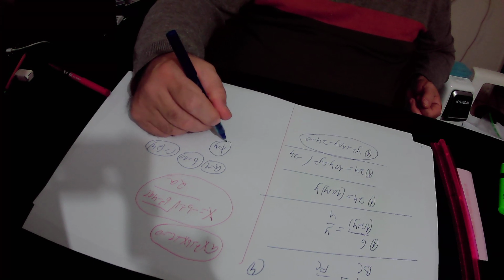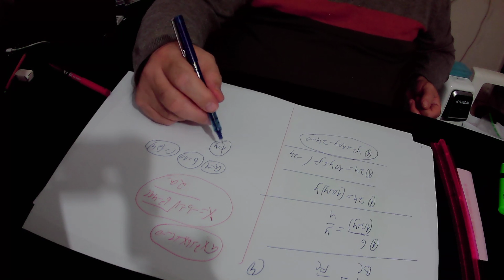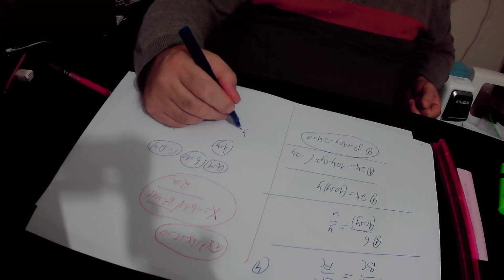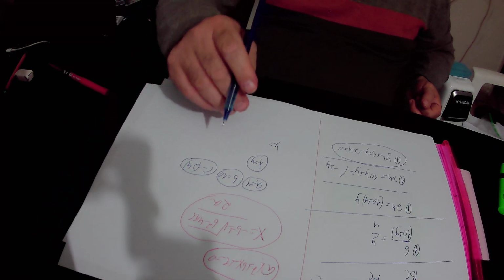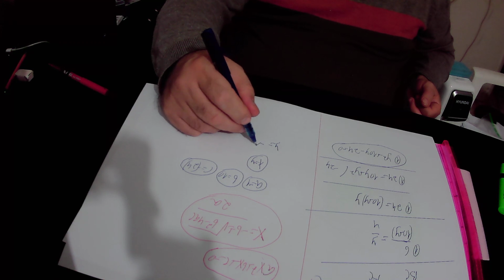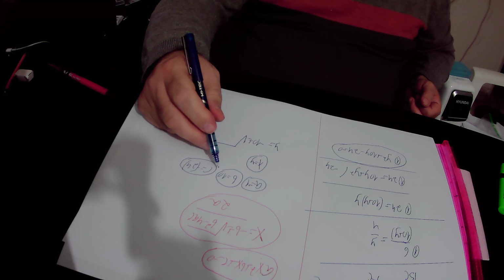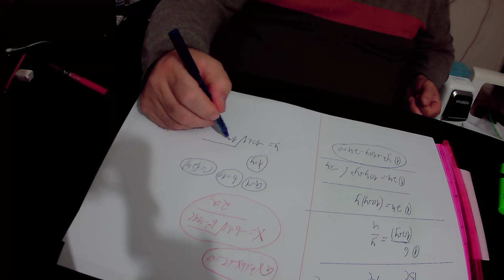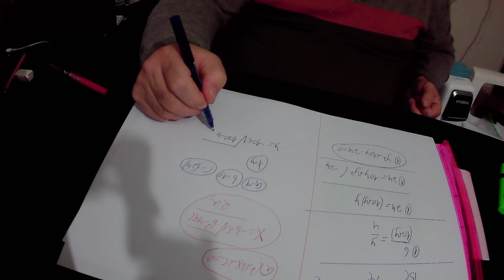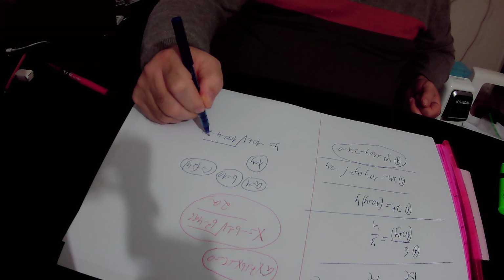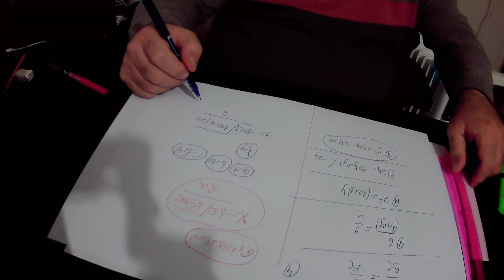So we put the data inside the formula. b equals 10, so minus b is minus 10, plus or minus the square root of b squared, which is 10 squared, that is 100, minus 4 times a, which is 1, times c, that is minus 24, over 2a, and a is 1, so 2 times 1 is 2.